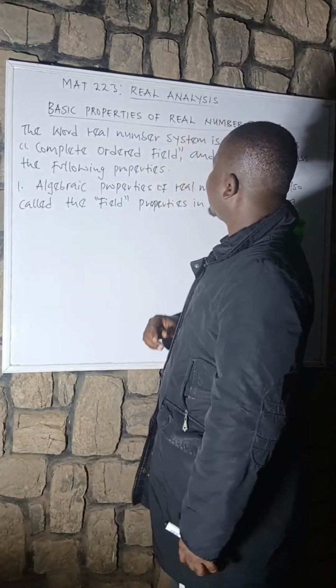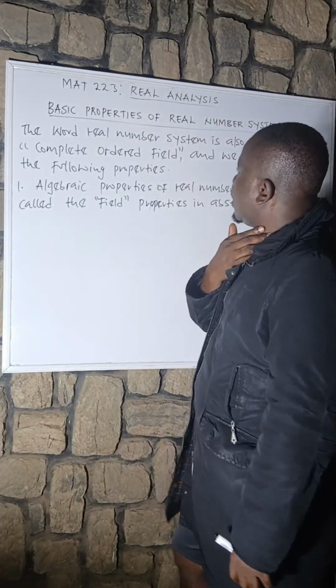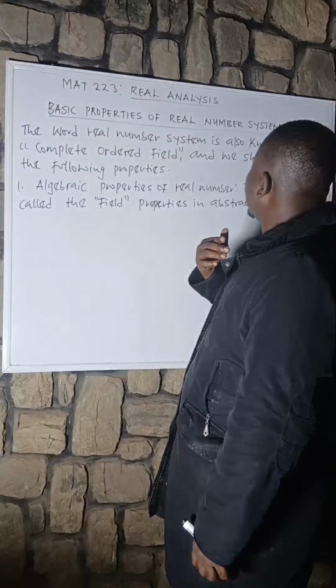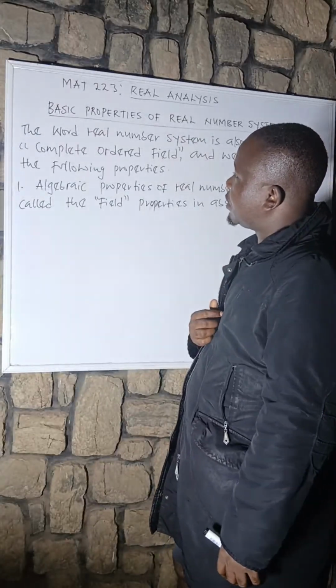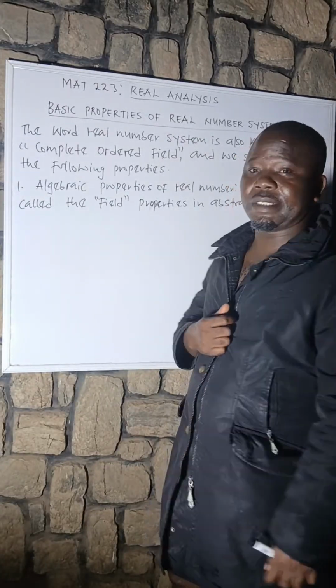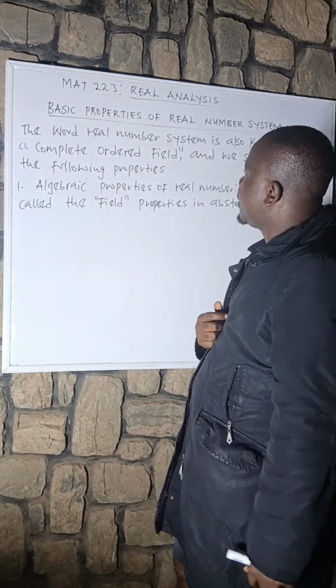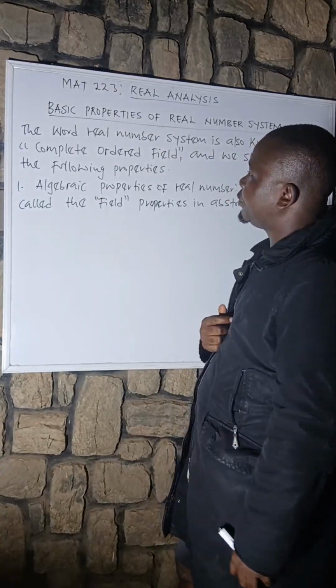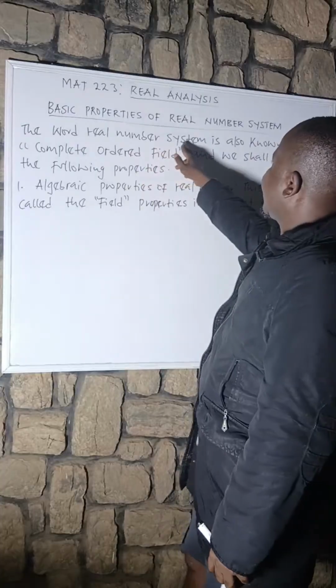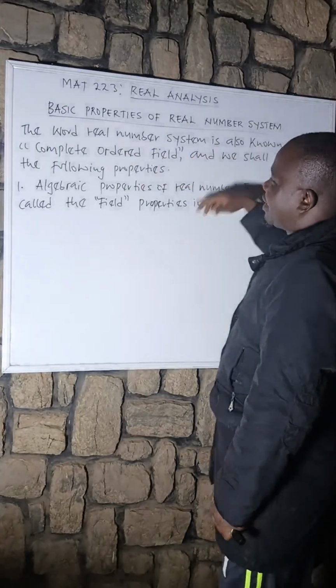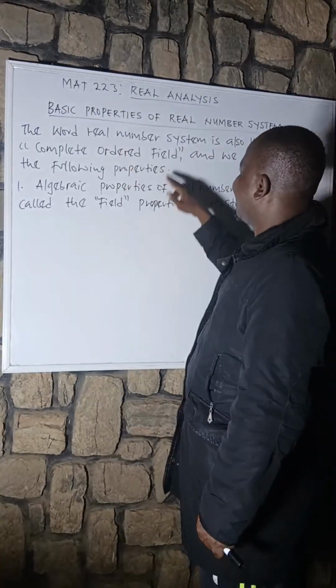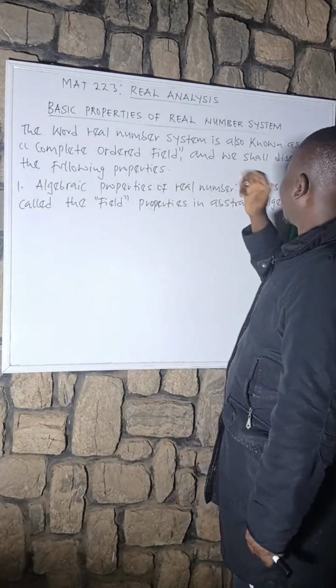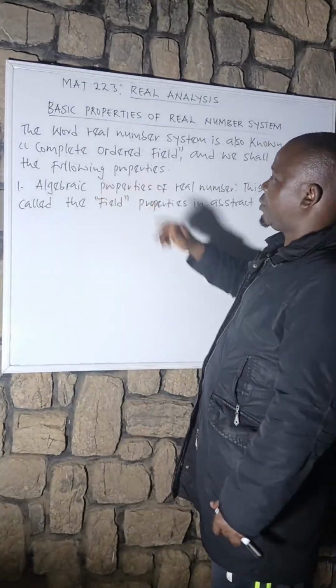Let's look forward to understanding the meaning of the real number system. The real number system is also known as a complete ordered field, and we shall discuss the following properties.